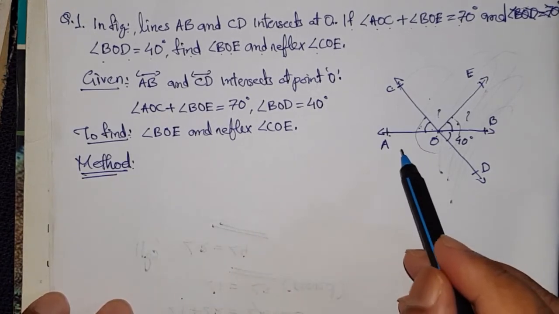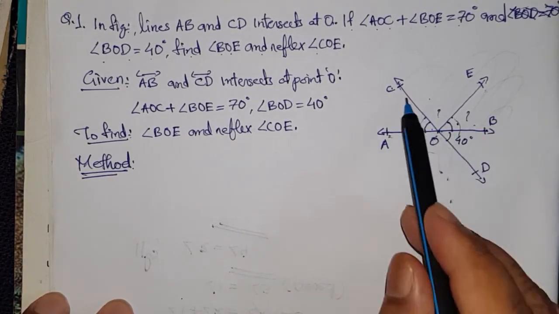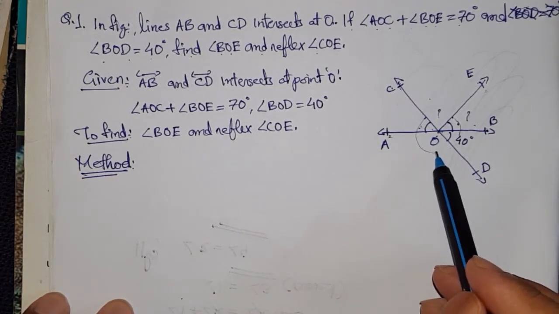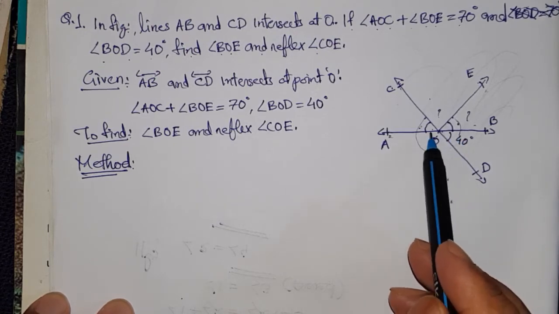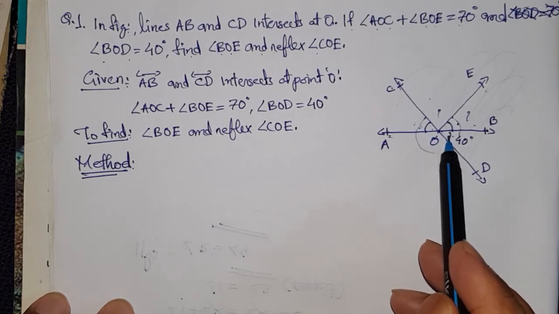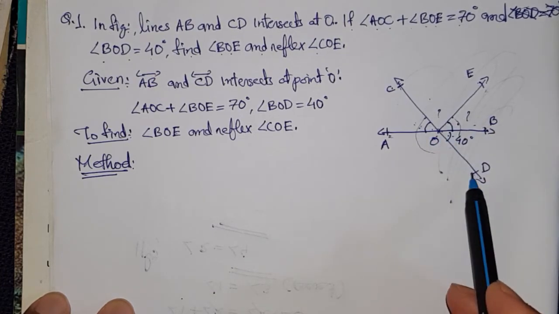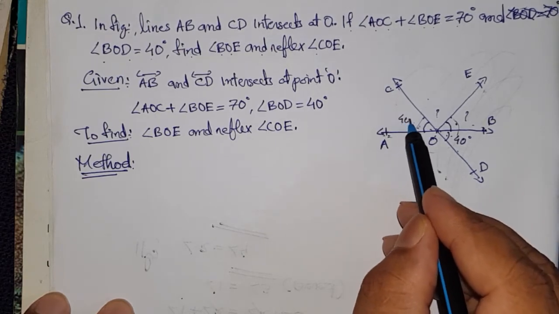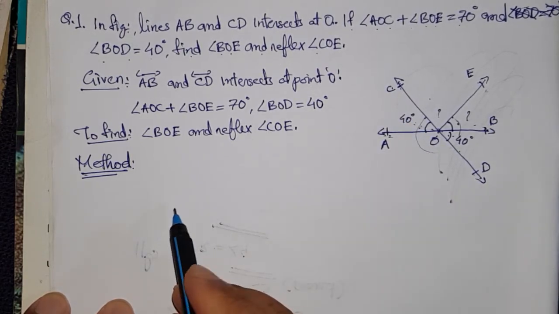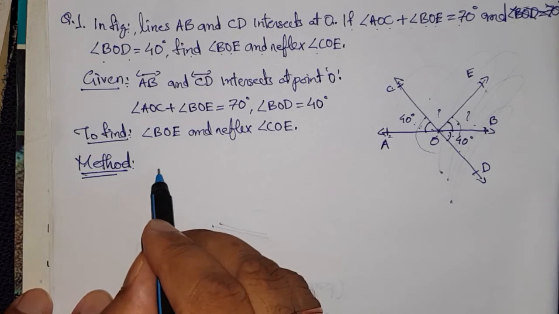So we'll write here method to solve. Now, based on the information, AB and CD, they are intersecting lines. And we know if they are intersecting lines, then vertically opposite angles are equal. If BOD is 40 degree, then AOC is also 40 degree. Why? Vertically opposite angles are equal.